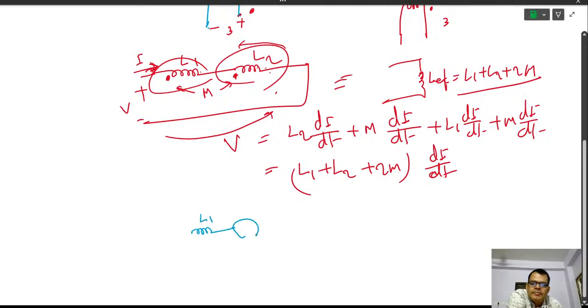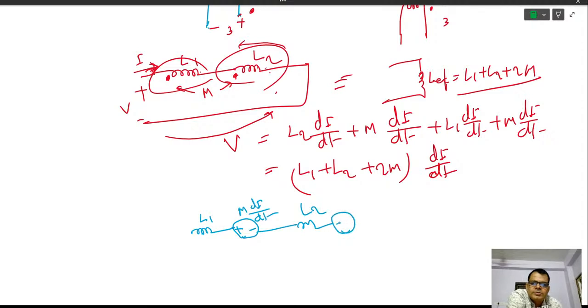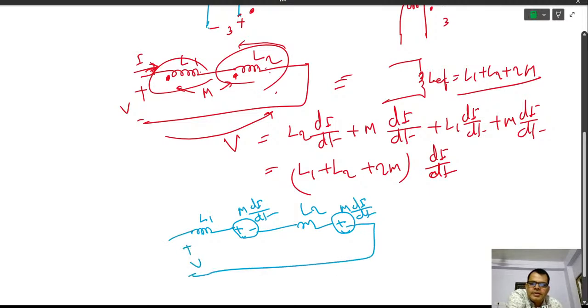L1, a source of M di upon dt, then L2, a source of M di upon dt, equal to V, and this is your I. Remove the dot and replace with the equivalent circuit.